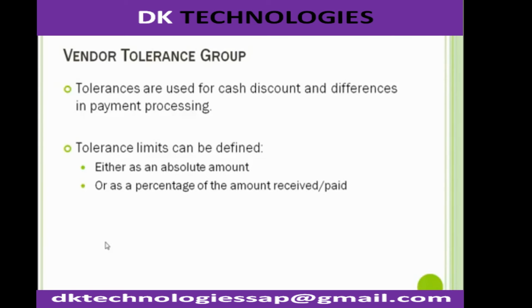So these things restrict the system so that you cannot give discount above what tolerance has been fixed, or you cannot give more payment or less payment than the differences from the invoice. You can assign that particular absolute amount or a percentage to them, and the system checks according to that, and it takes care of the payment you are doing.